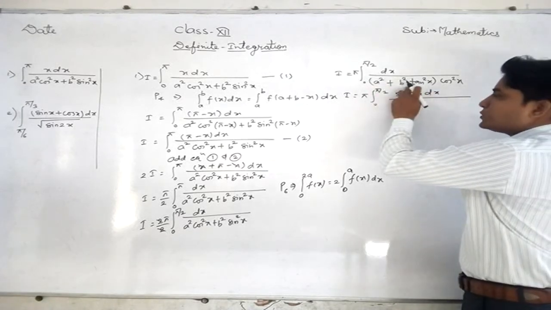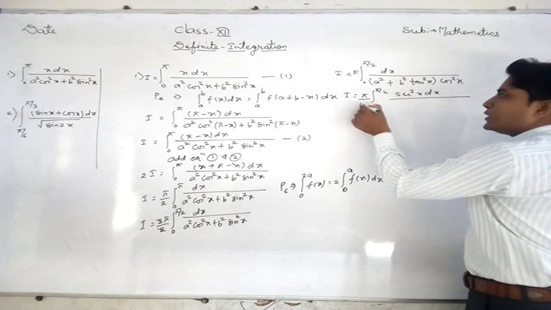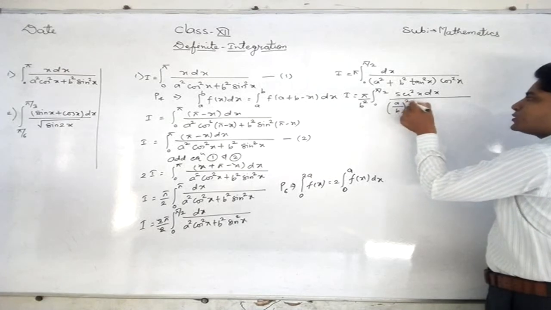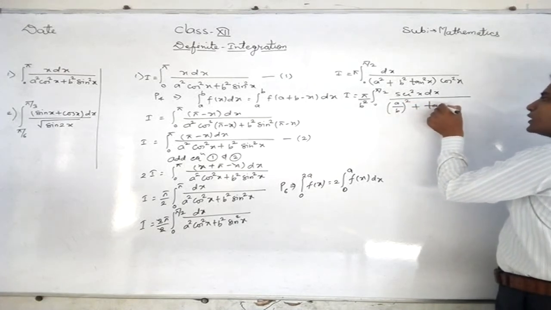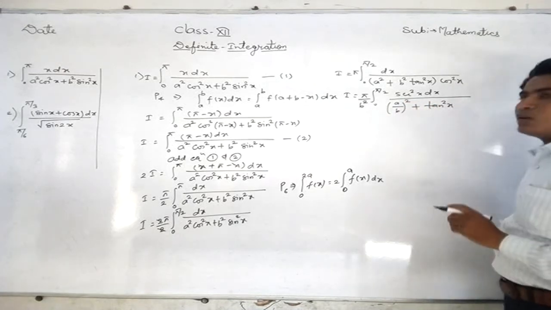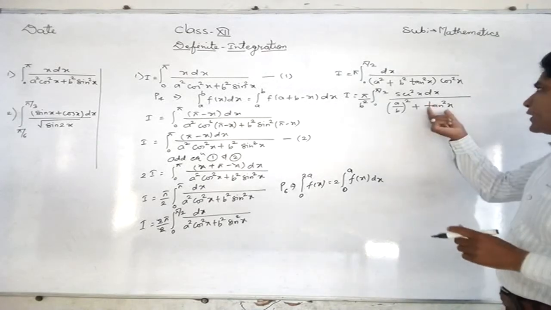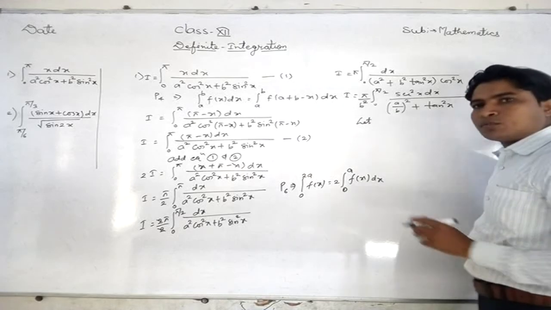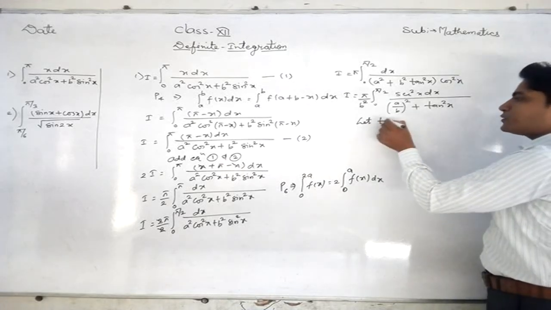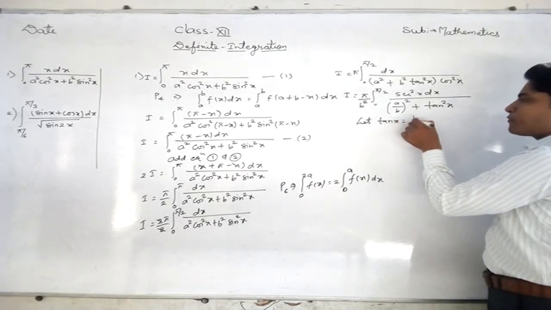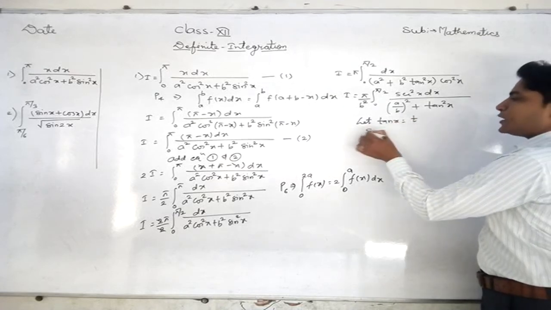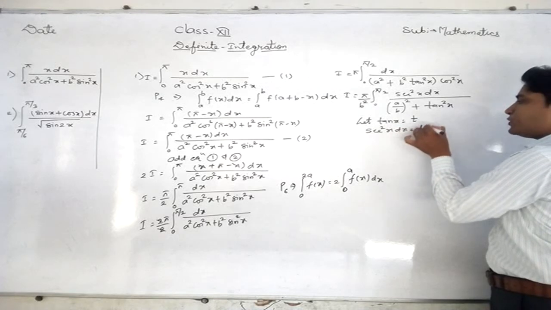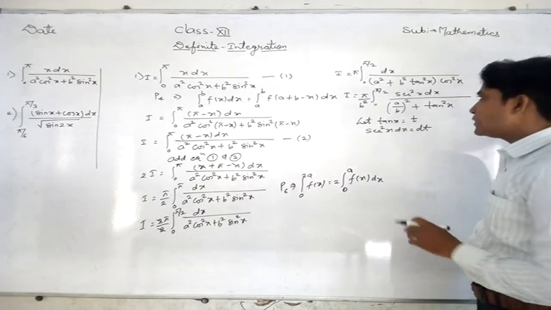Okay, so we assume tan x as t. So we get sec square x dx equal to dt. Is that clear? Now if we apply the limits, when x tends to 0, tan 0 is also equal to 0, so t tends to 0.